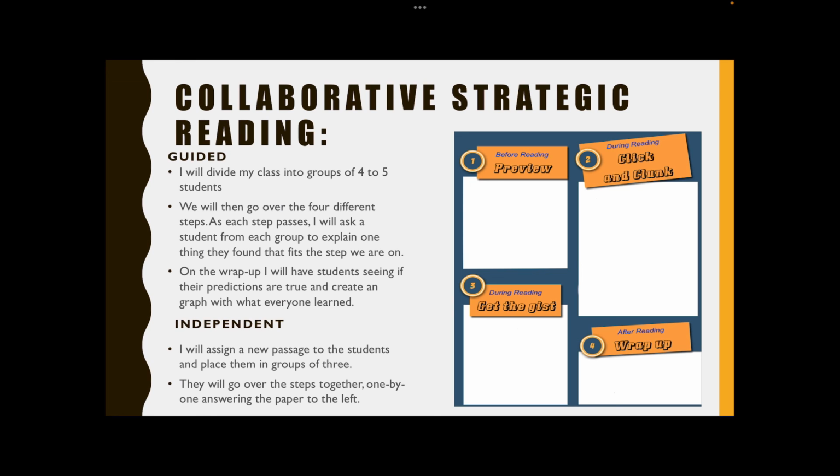And so I will have them write down what their answer is for their group of 3 on this paper that is over here on the right, with step 1, 2, 3, and 4. So this paper is going to be their independent study of the passage they were given.